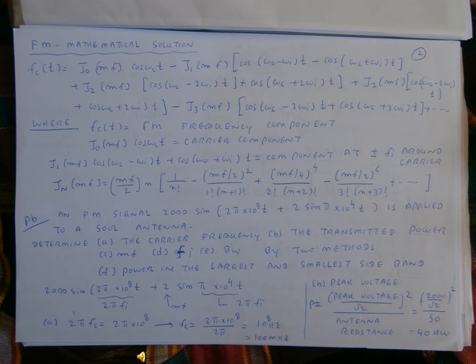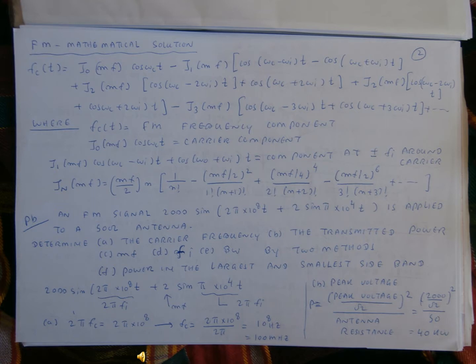In this case, the FM waveform is the frequency modulated component, and J0(mf) cos ωc t is the carrier component. The term J1(mf)[cos(ωc − ωi)t − cos(ωc + ωi)t] is the component at plus or minus fi, the intelligence frequency, around the carrier.